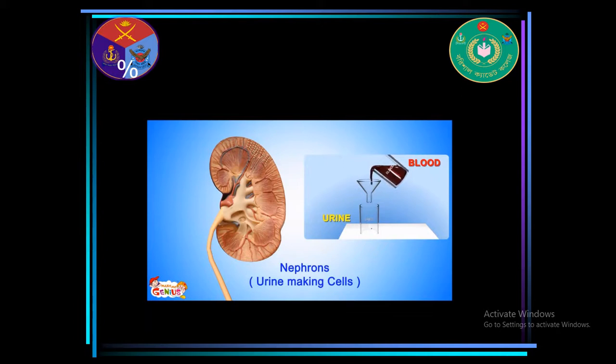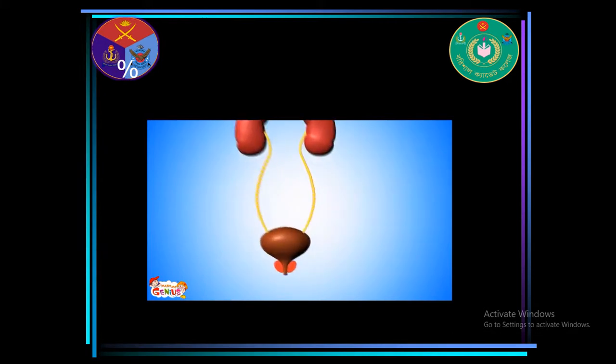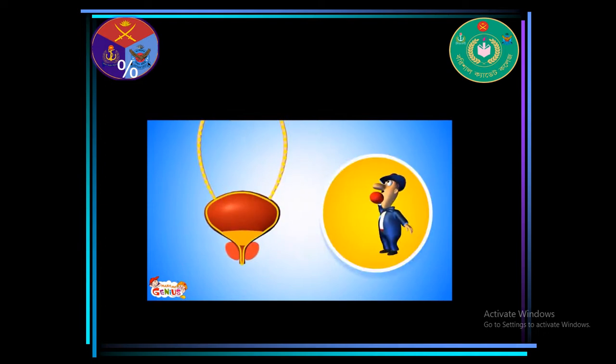They keep all the nutrients and good blood contained and convert waste into urine. From the kidney, this urine goes into two very thin tubes. These tubes are called ureters. From the ureters, it goes into a balloon-like organ called the bladder. When the bladder becomes full, then you feel like going to the washroom to pee. From the bladder, it passes out of the body from a part called the urethra.